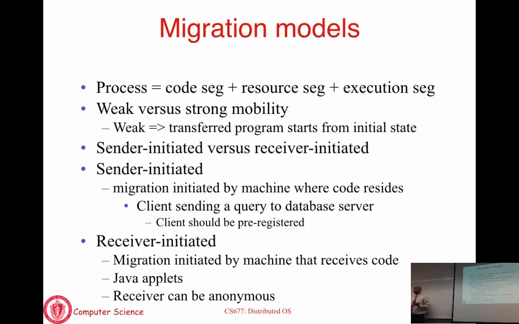Okay? So in this case, it's the receiver that is telling the server to send it the code. Okay, this is code migration, clearly not a process migration, and you're executing either the Java applet or Flash or whatever it is. Okay, so you can have the sender initiate the migration or the receiver initiate the migration.